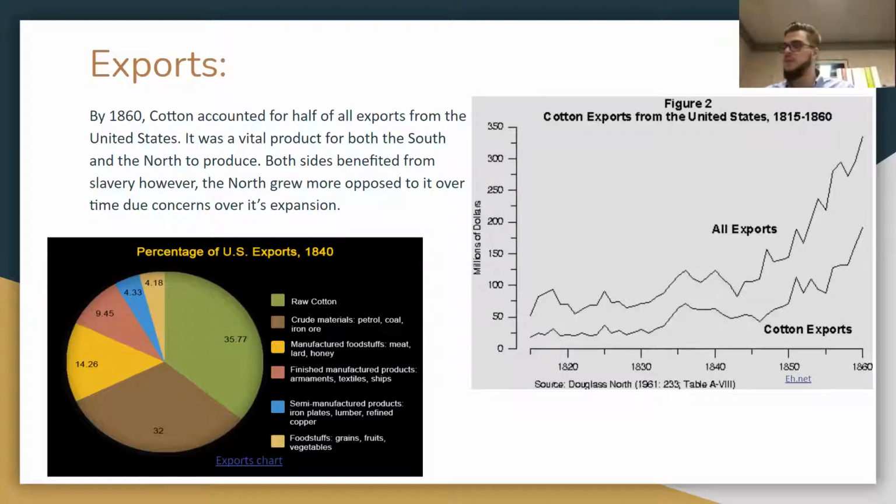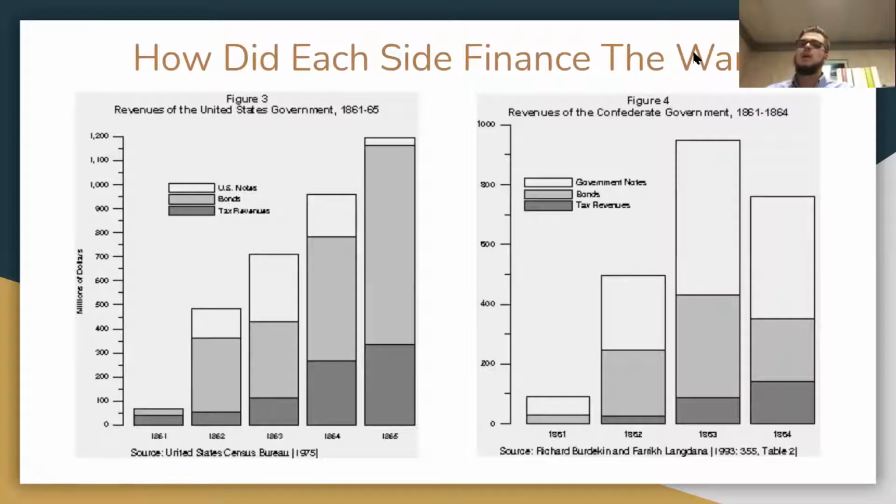We have one more question after this. We're gonna go into the revenues of each country now, of the North and the South. Okay, so for the North, we see primarily the thing that's used the most is bonds, then taxes, and then banknotes. U.S. notes are a very small sum by the end of the war for the way that the United States gained revenue.